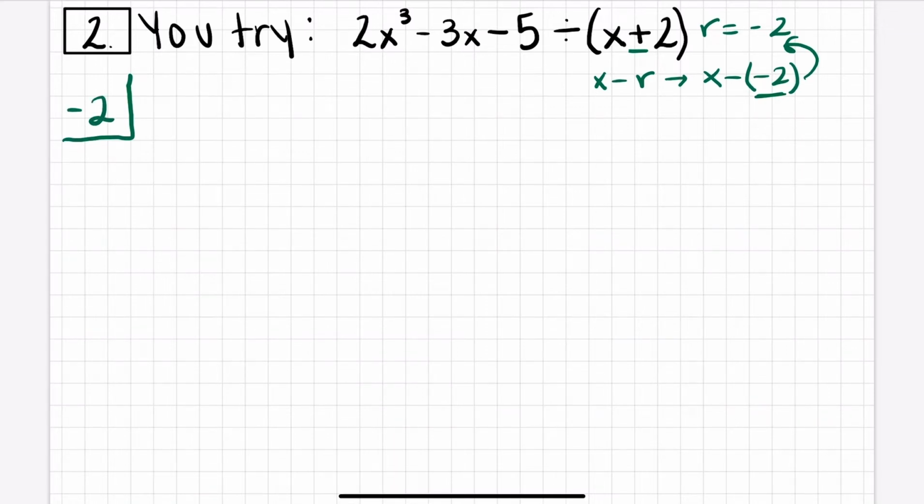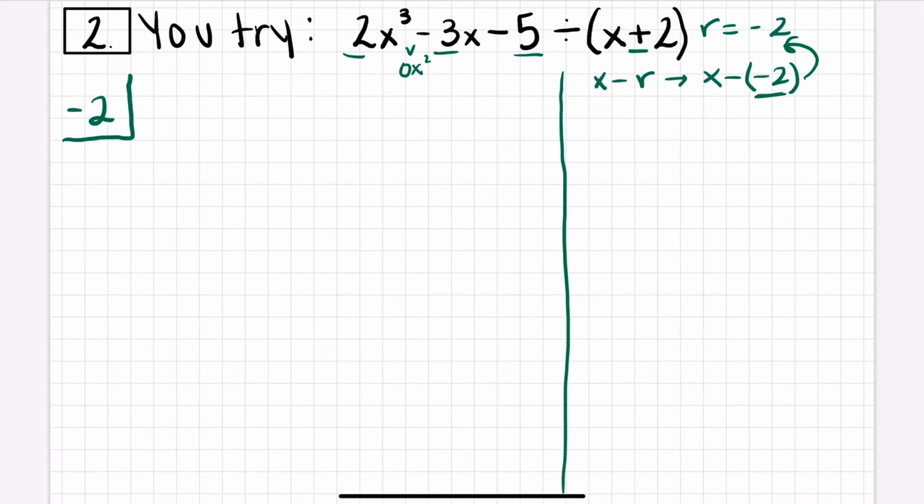All right, so now we just go about this the same way. We get all of our coefficients, and we put them on the right-hand side. And as you can see, we're missing an x squared, so the coefficient that's going to go there is 0x squared.